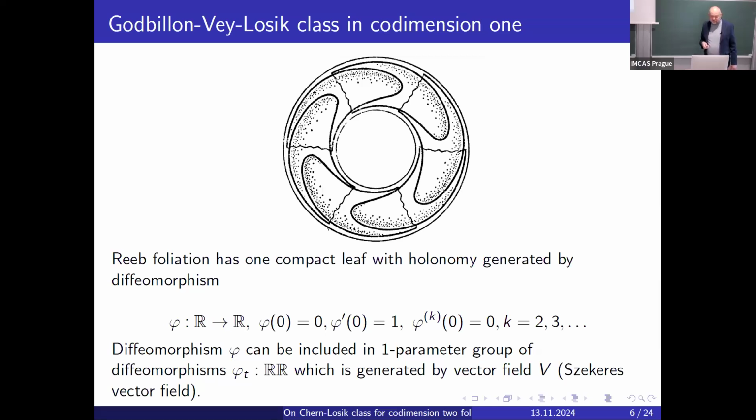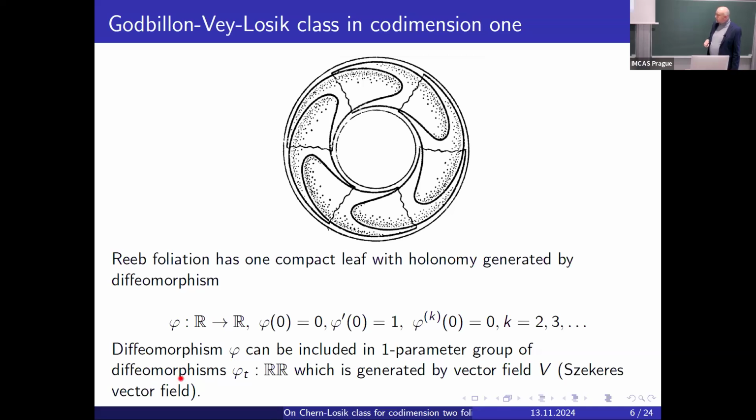This function describes the asymptotics of non-compact leaves when they converge to a compact leaf. And so in the center of this construction, we have some function phi with one fixed point, which is infinitely tangent to the identity map.